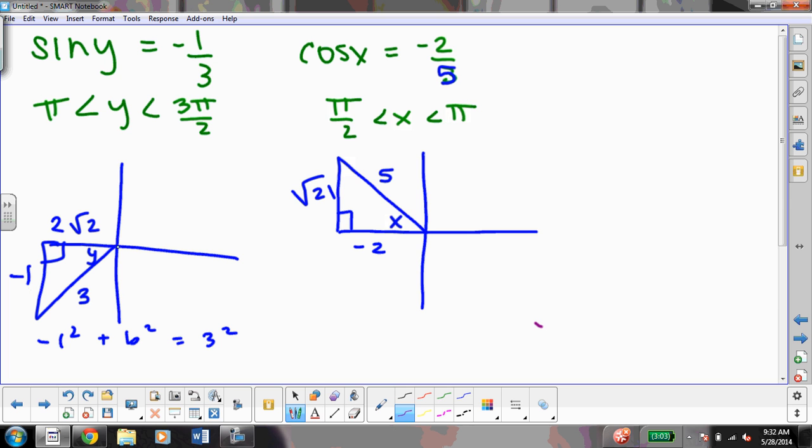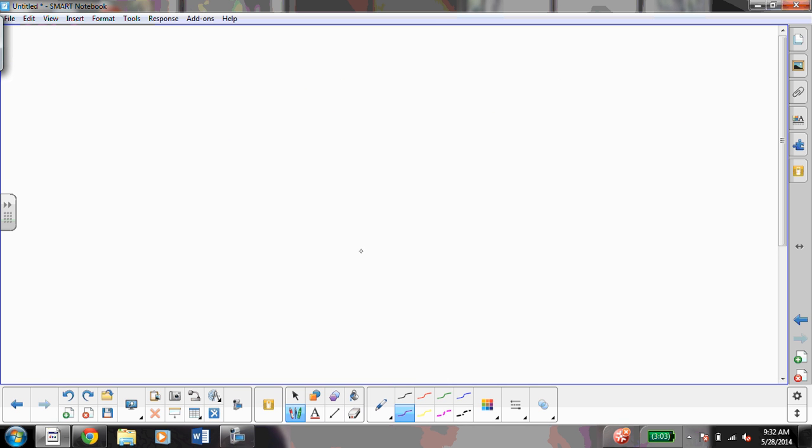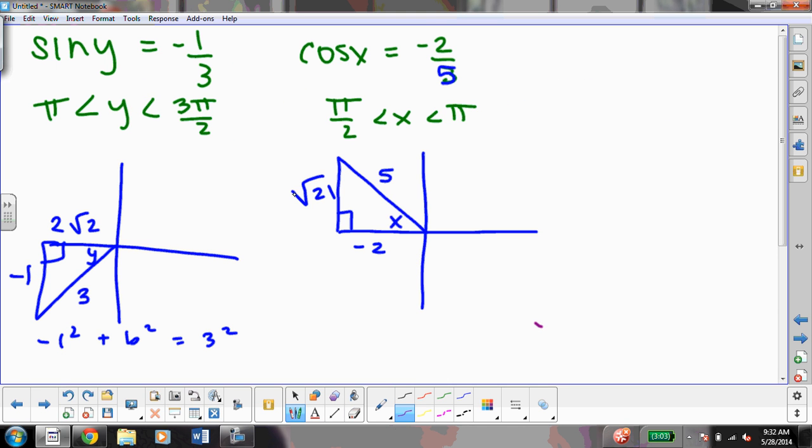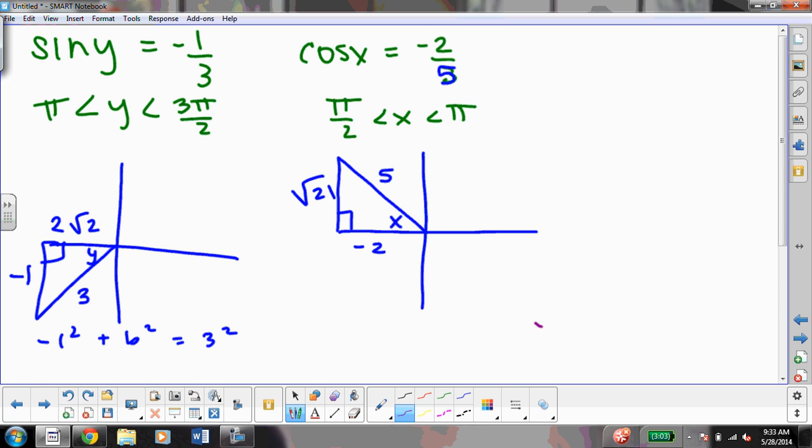So going back to my previous picture, the sine of y is going to be negative 1/3. We know the sine of x. Sine of x is going to be positive √21 over 5. The cosine of y is going to be negative 2√2 over 3, again, because we're in the third quadrant.